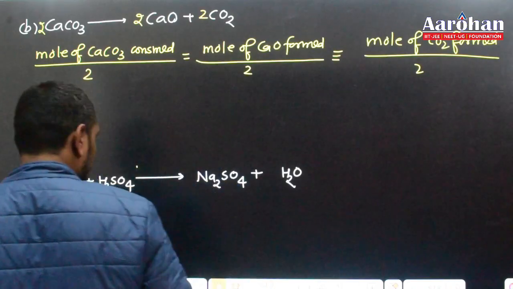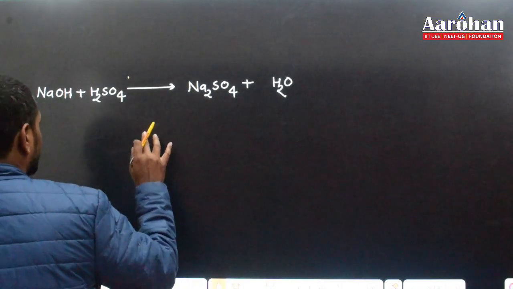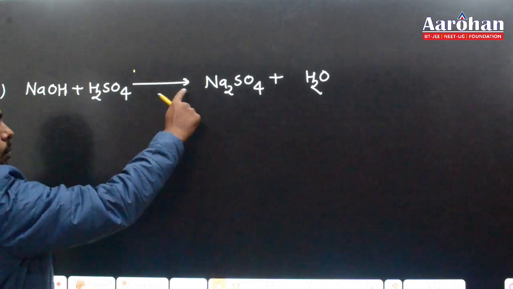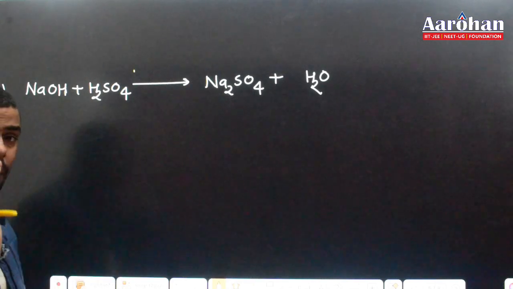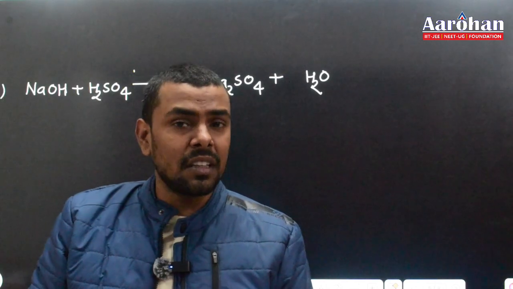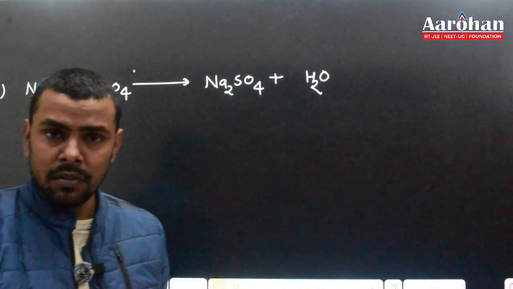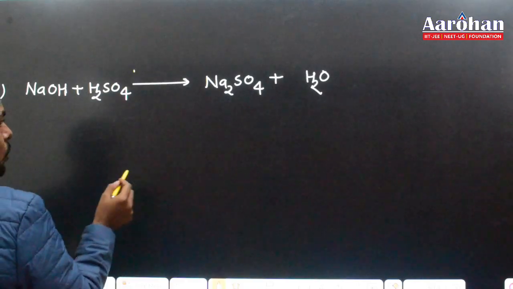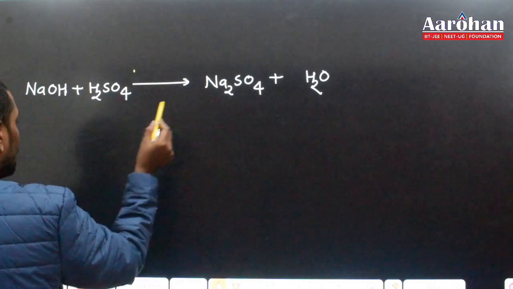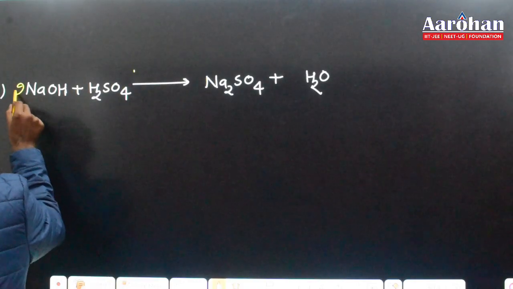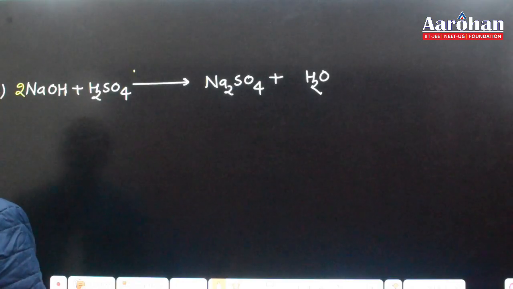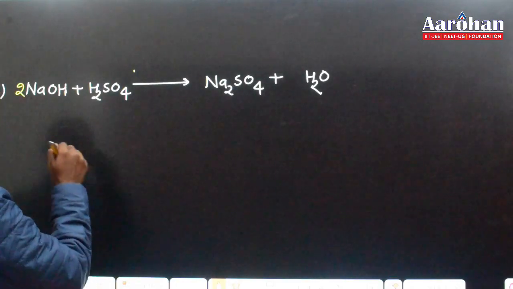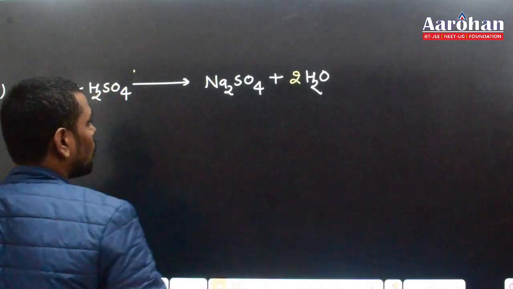Next, find the stoichiometric mole equation for this reaction. First, we have to balance this reaction by the hit and trial method. Remember, there is no fixed method for balancing such a reaction. Here, 2 NaOH reacts with H2SO4 to form Na2SO4. There are 2 Na atoms, so there will be 2 NaOH, and H2O is formed, so this reaction is balanced with 2 H2O formed.